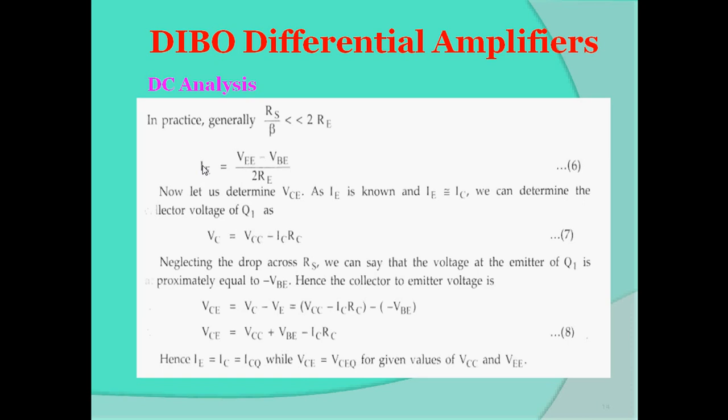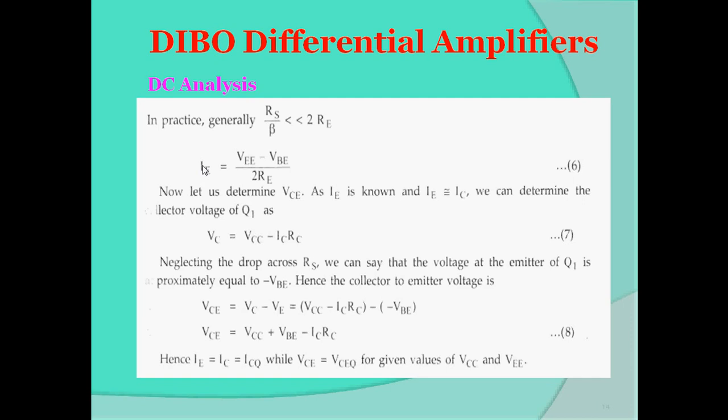Or in other words, by selecting the proper value of emitter resistor RE, we can obtain a desired value of emitter current for a known value of VEE. Also, the emitter current in transistors Q1 and Q2 is independent of the collector resistance RC. Okay. So now we have to determine the collector to emitter voltage VCE.